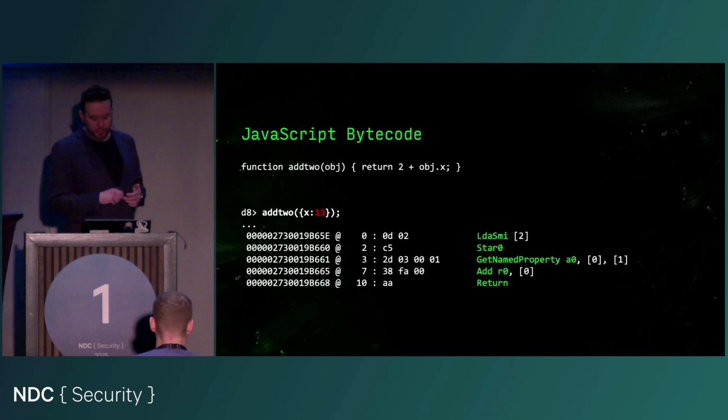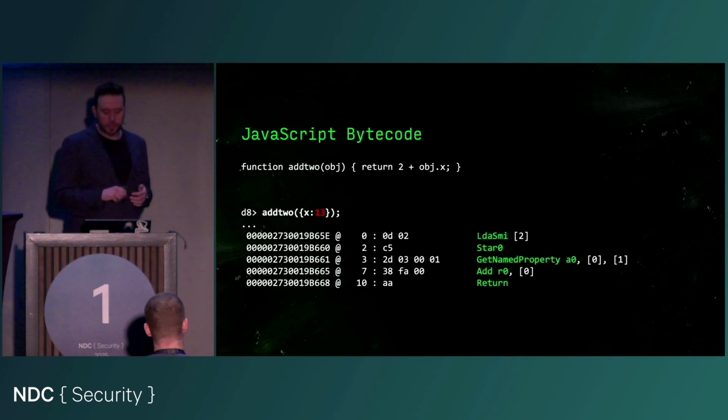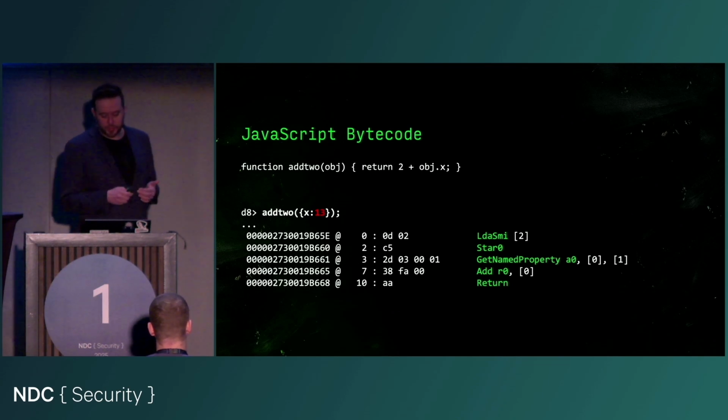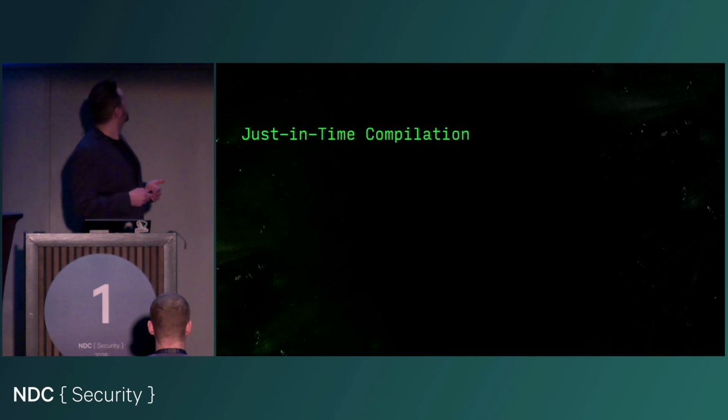And then we load the function argument A0, the first argument, into the accumulator. Next, we add R0 to the value in the accumulator, which is 13 in this case, because we are calling the function with 13. And in the end, we return whatever we have in the accumulator to the calling function, which is 15. This is a very straightforward example of JavaScript bytecode.